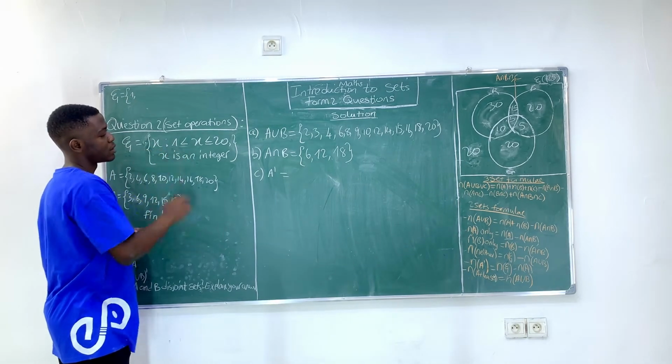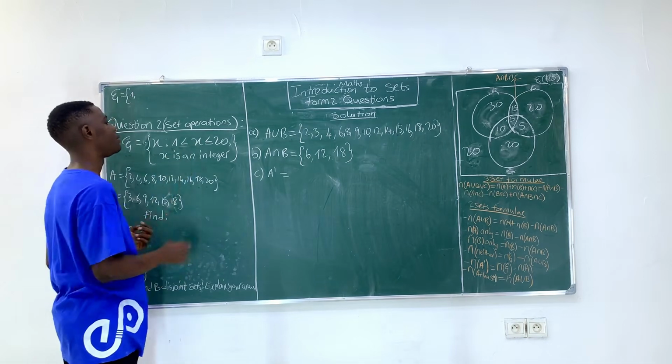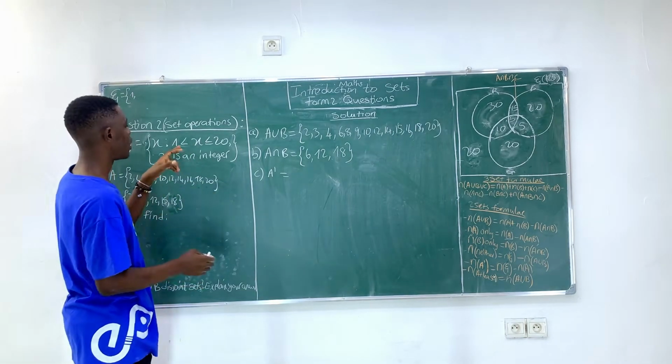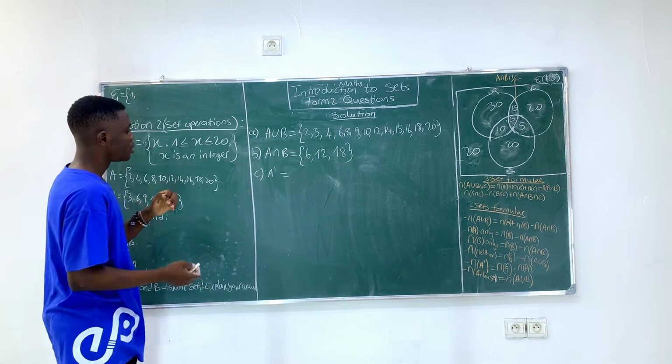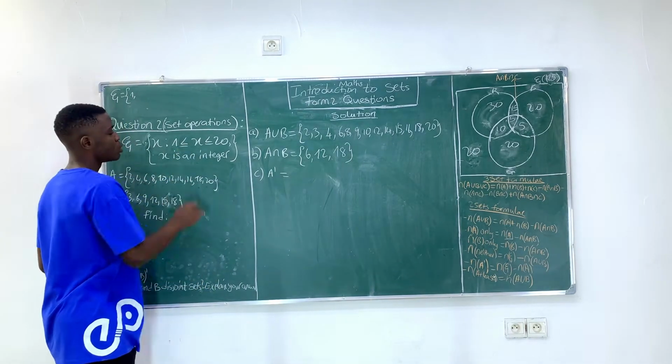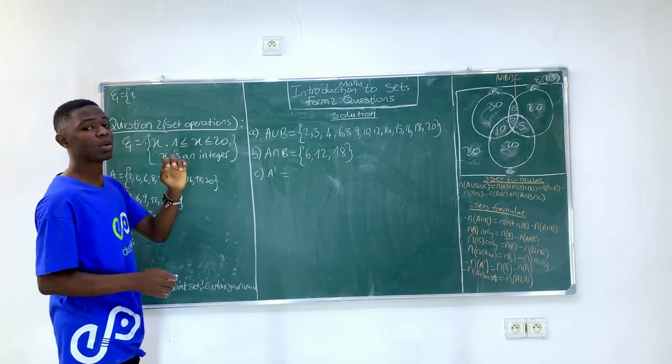If 1 is smaller than x, it means x starts from 2, so x will not start from 1. But if it is equal to, yes, x will start from 1 because 1 is smaller than or equal to x.